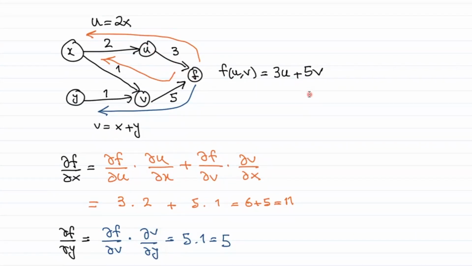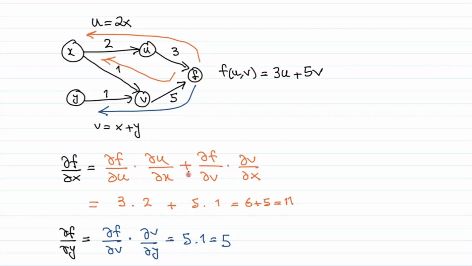So if I ask you to solve this by hand, you're going to say that, well, I want to find the partial derivative of f with respect to x. And it's very easy to visualize this because we have two paths to get to x from f, right? So one is to find the partial derivative of f with respect to u, and then the partial derivative of u with respect to x. That's exactly what we have here.